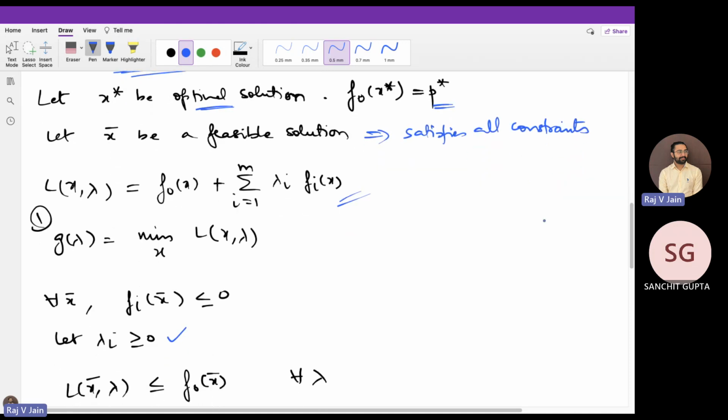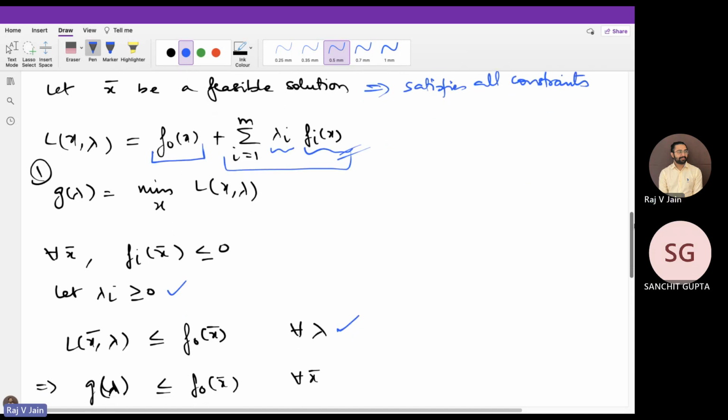Then we can see that L of x bar comma lambda will be less than or equal to f naught of x bar. Because we have f naught of x, and what is being added to it is negative for x bar, so it will always be less than f naught of x bar for any lambda you choose, as long as lambda is greater than or equal to 0.